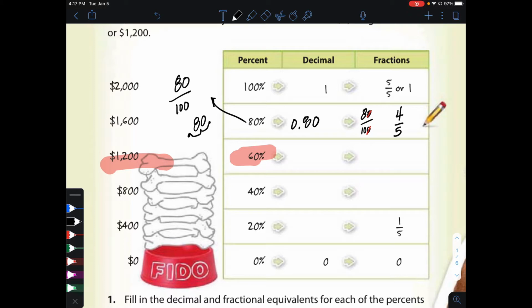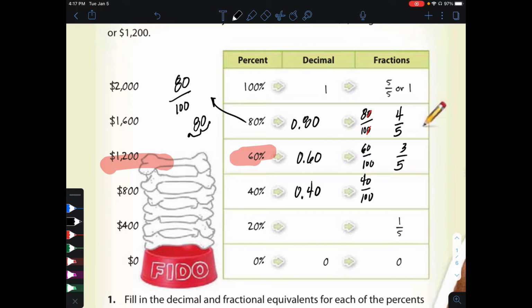60%, again, we follow the same rule. 60%, 0.60. As a fraction, it's 60 over 100. In simplest form, it is 3 over 5. 40% is 0.40 as a decimal. As a fraction, it's 40 over 100.